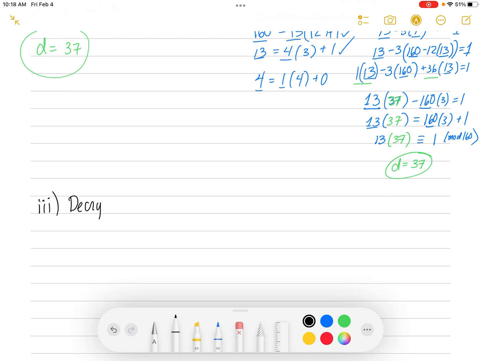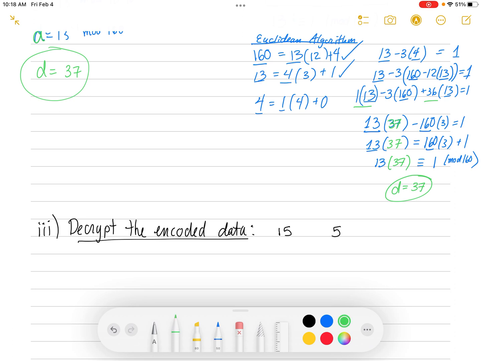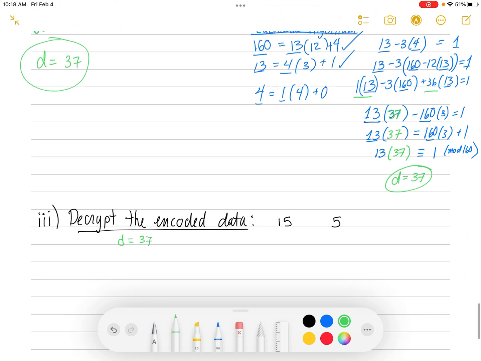We want to learn how to decrypt the encoded data. So I want to decrypt 15 and then 5. Now what are we going to use? We're going to use our decryption key. Our decryption key, or our private key, is 37.